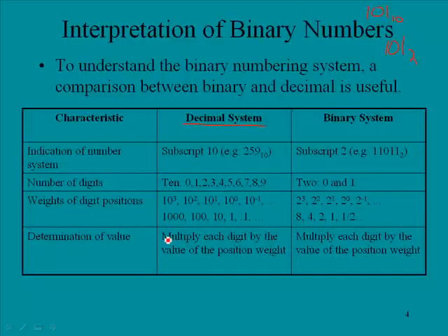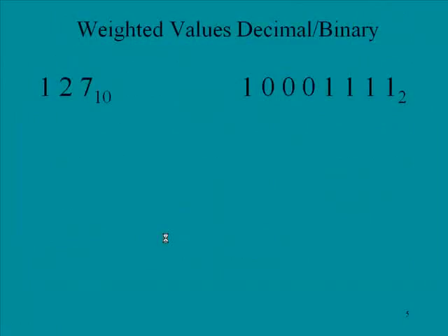Let's look at a number and see what we're talking about when we do this. Here we have 2 values, and we want to determine what is the value of each of these numbers. Now here we have 127, and the 10 here tells me this is a base 10 number, and so we know that that equals 127. But how do we come up with that?